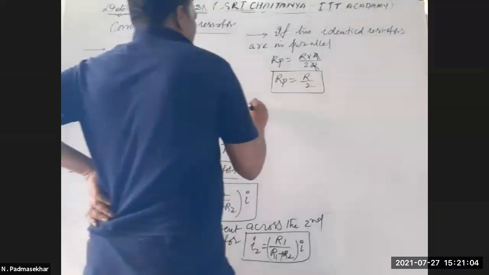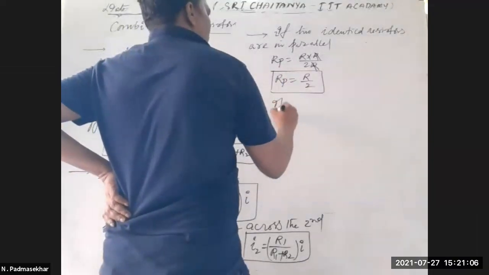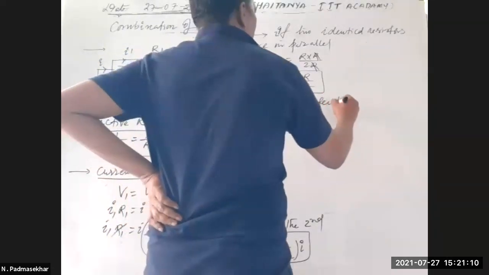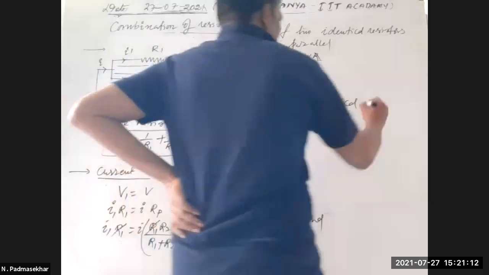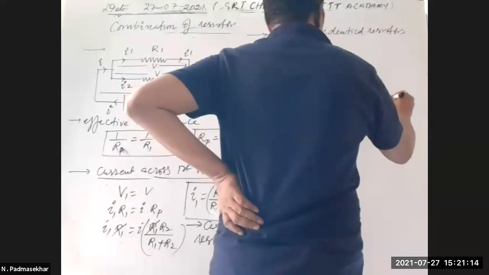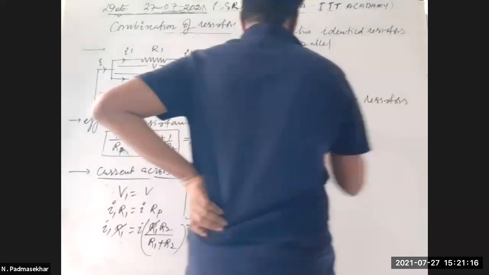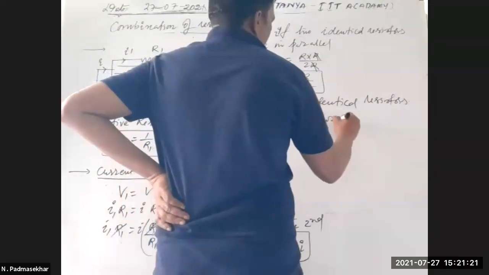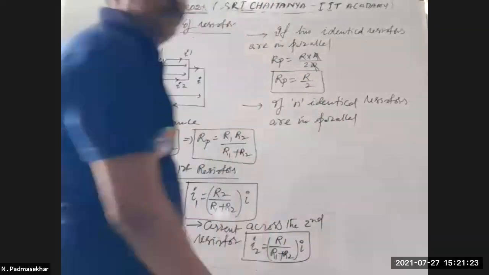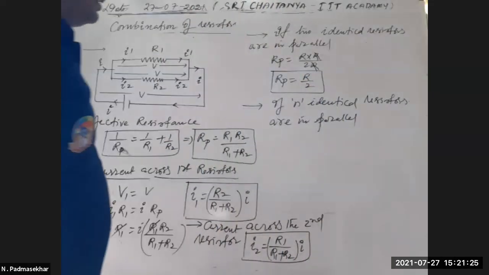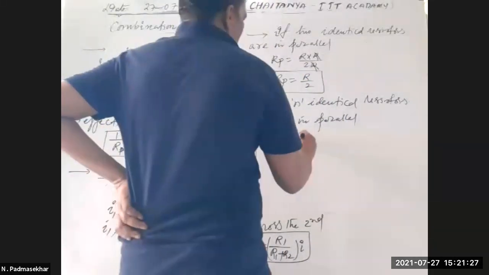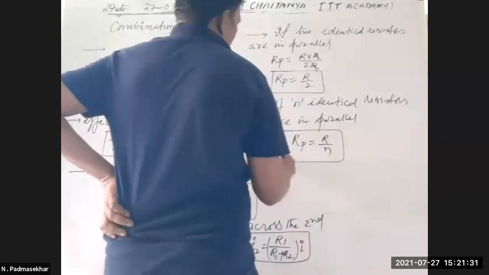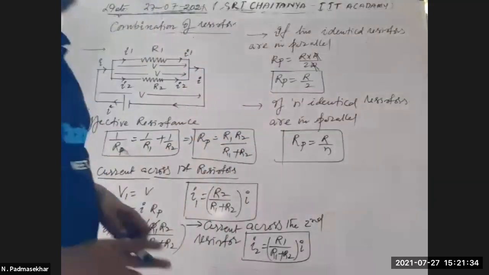Similarly, if n identical resistors are in parallel, RP is equal to R by N.